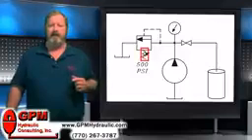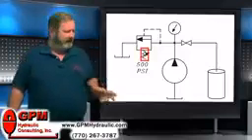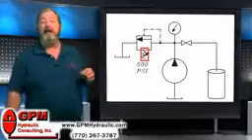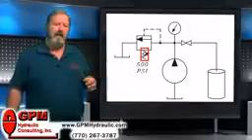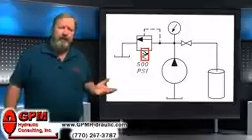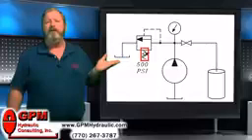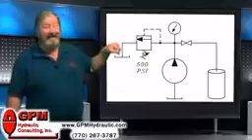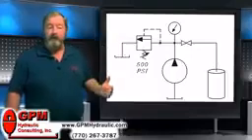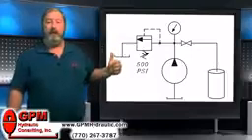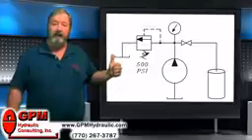A good way to think of a relief valve on a schematic, you see this jagged line under here, that indicates a spring. And think of the spring as pushing the arrow up away from the ports, holding the valve closed. This means that something needs to push down harder than the spring is pushing up in order for the valve to open and allow flow.